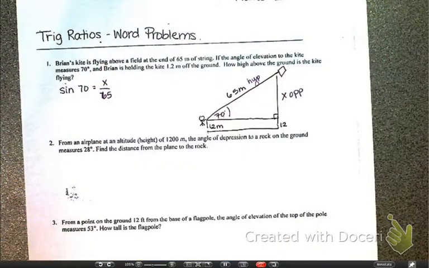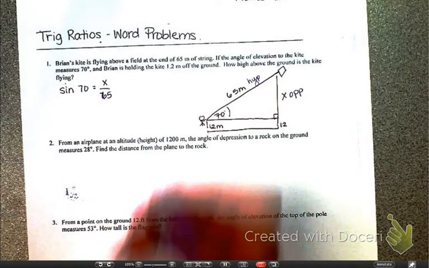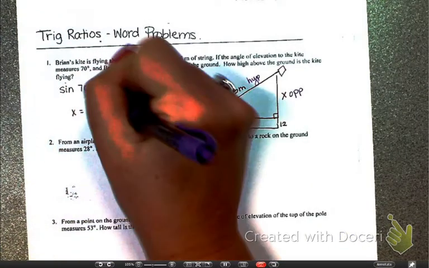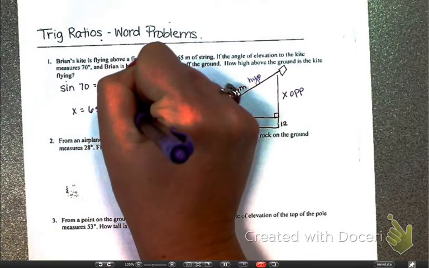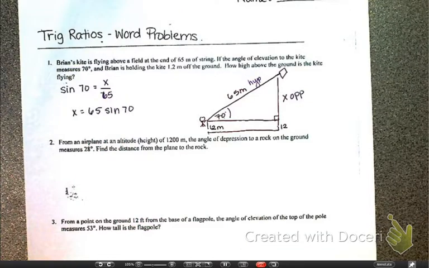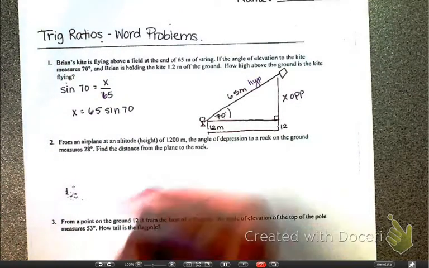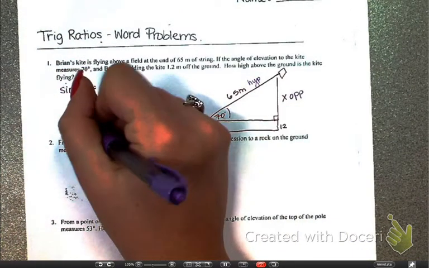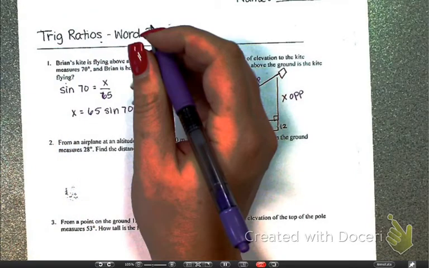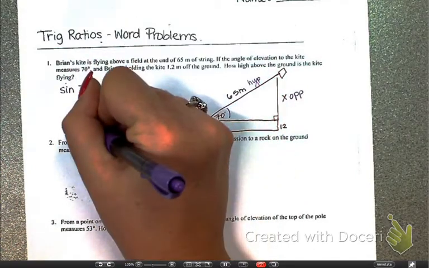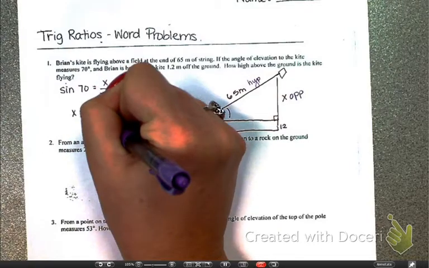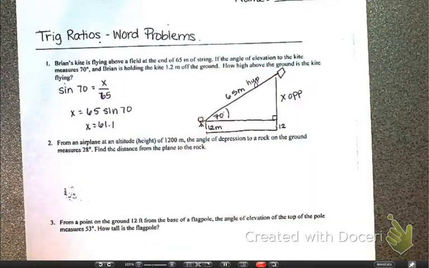And what do I do with that problem? Multiply. So 65 times the sine of 70 gives you 61.1. And that's meters.